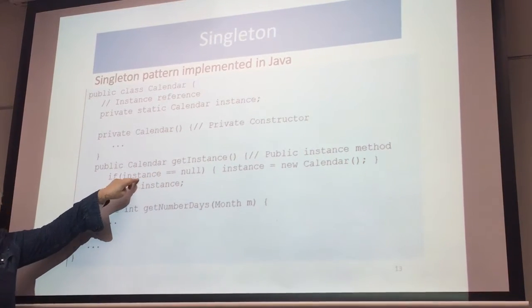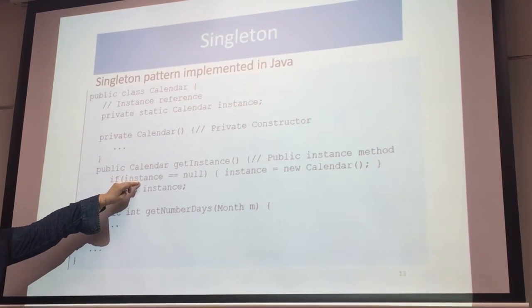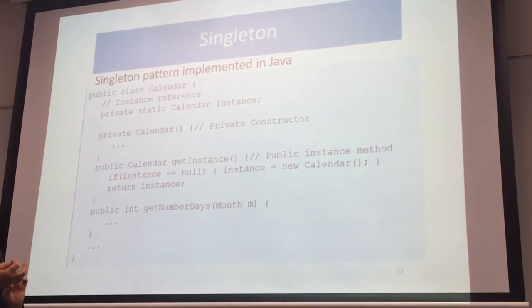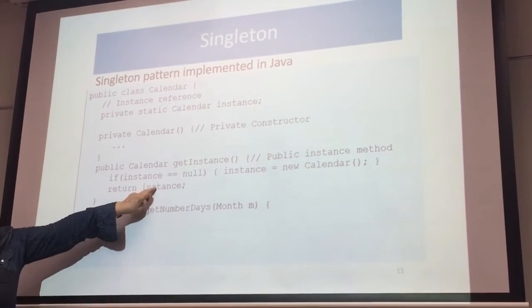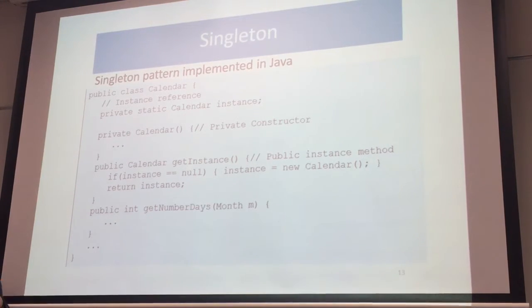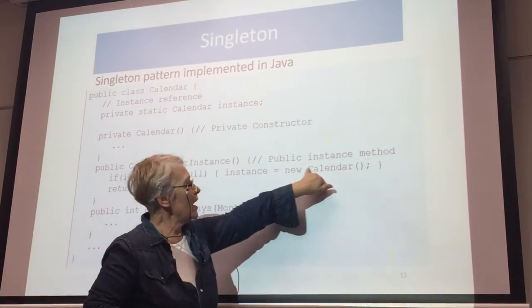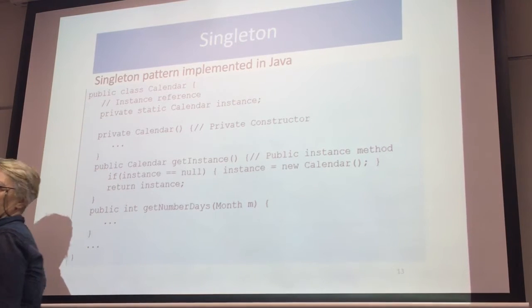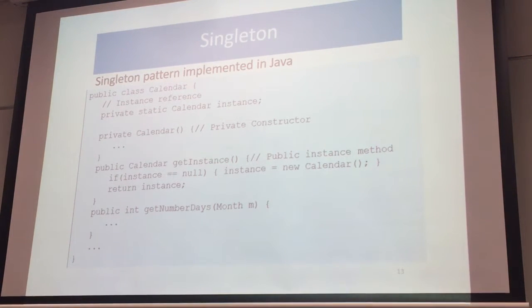If this is invoked when we have already an object created, we return that object which was created. So as you can see, this method allows only for one object to exist of this type.